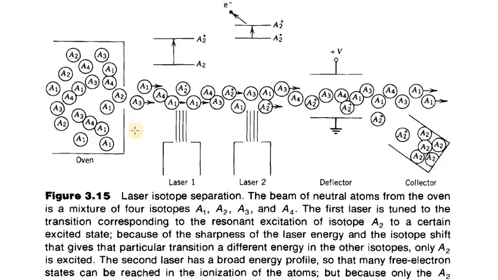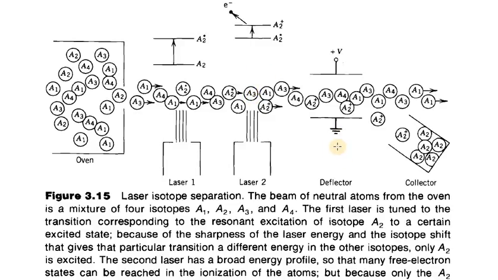So in simple words, we can say that the oven is a collection of isotopes. Laser 1 excites a particular isotope. Laser 2 ionizes the excited isotope, then it becomes charged.